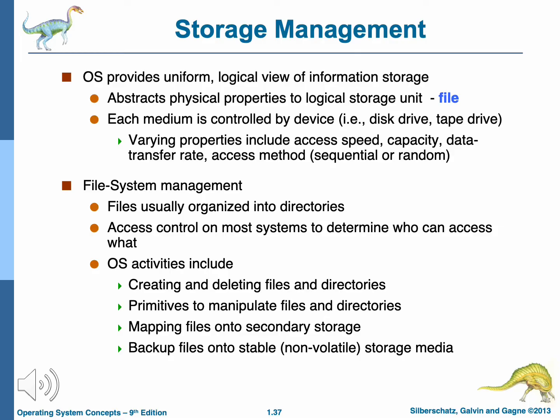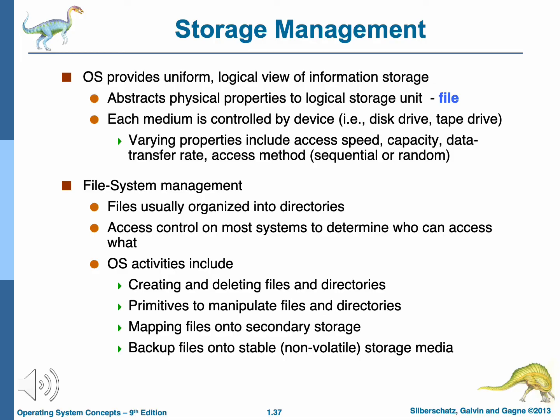Each medium is controlled by a device, such as a disk drive or tape drive, that also has its own unique characteristics. These properties include access speed, capacity, data transfer rate, and access method, sequential or random.